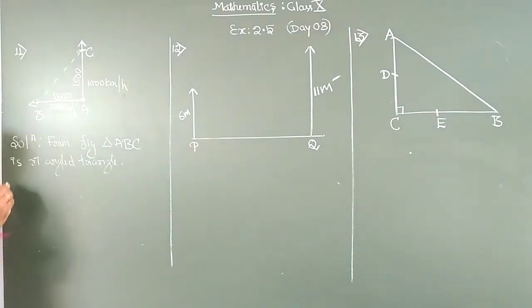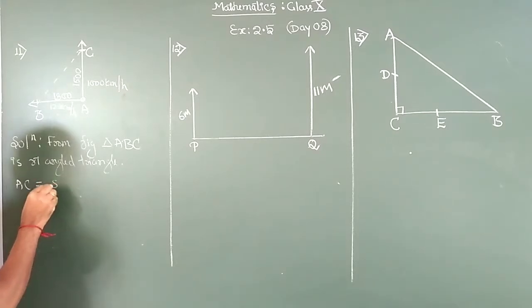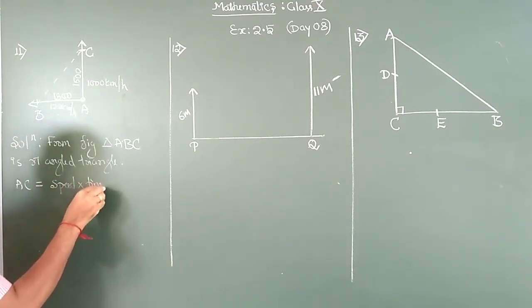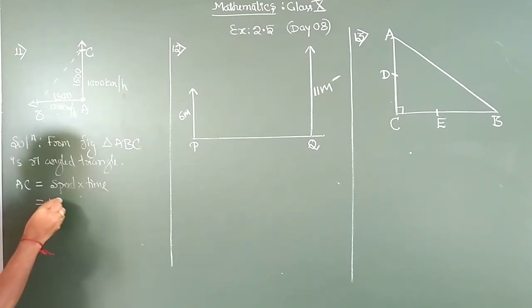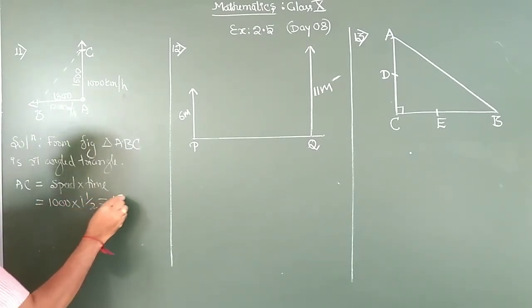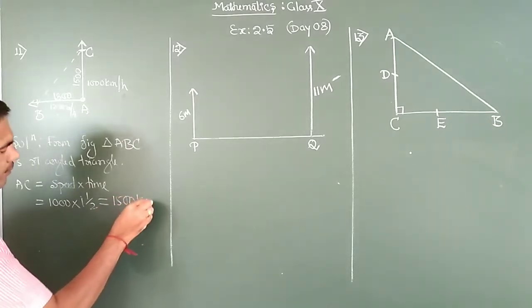Then AC equal to speed into time. Speed here it was 1000 into time is 1.5. It is equal to 1500 km.